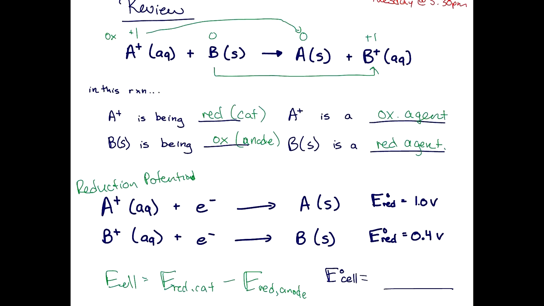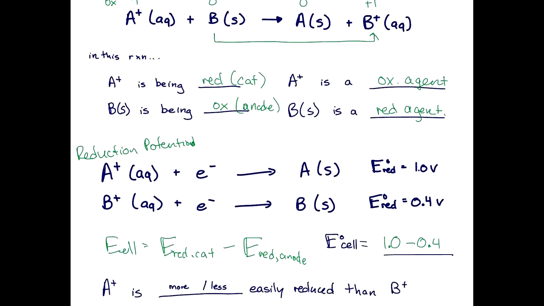So when we calculate the overall cell potential of this chemical cell as written, we see that A plus is being reduced, so it is the cathode. So E cell is equal to 1.0, that's my cathode, minus the reduction half reaction that's happening at the anode. So we're going to subtract 0.4.